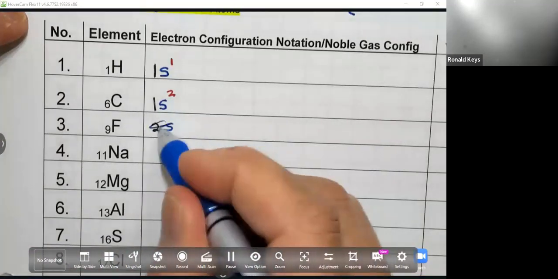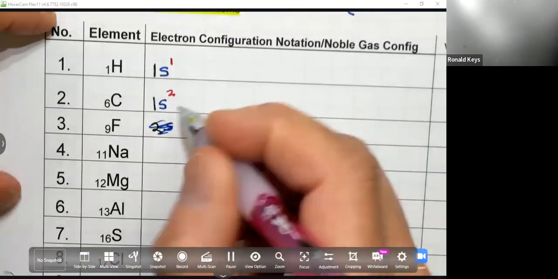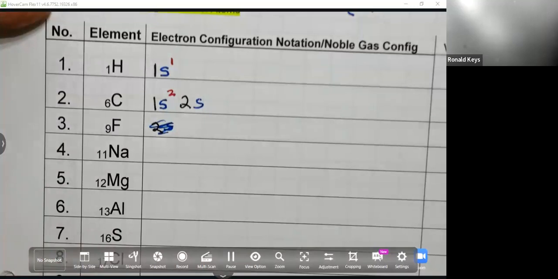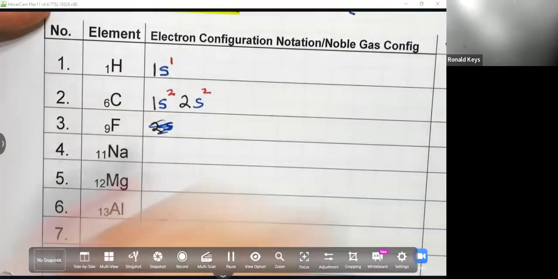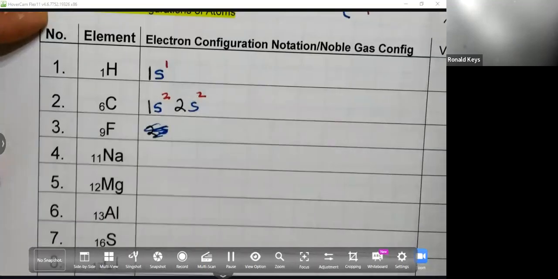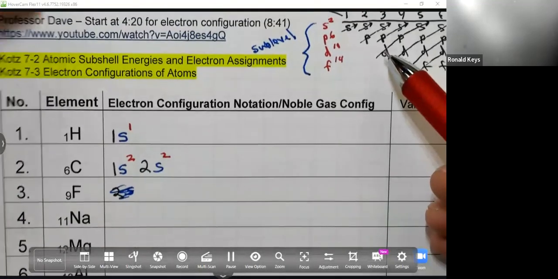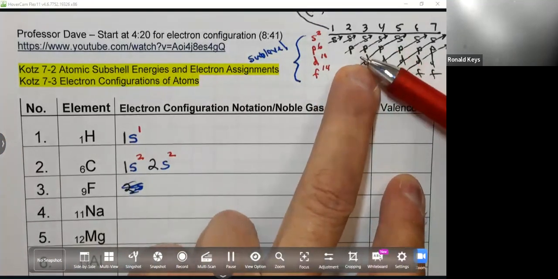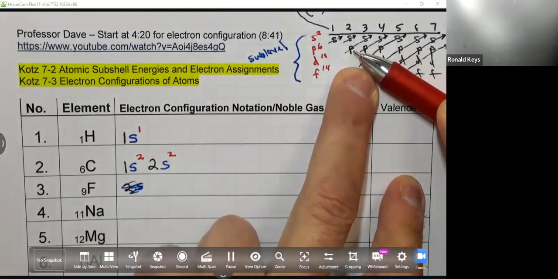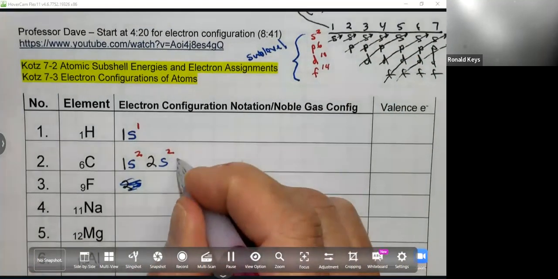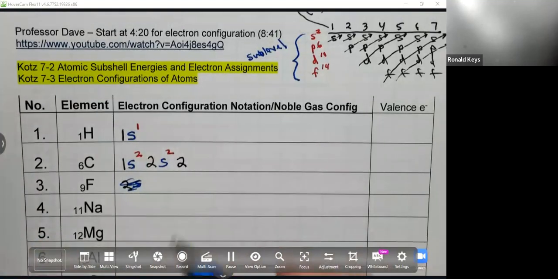So now we have 2s2. Now, my second arrow here is done. I'm going to go on. This arrow is done. I start this arrow, 2p.